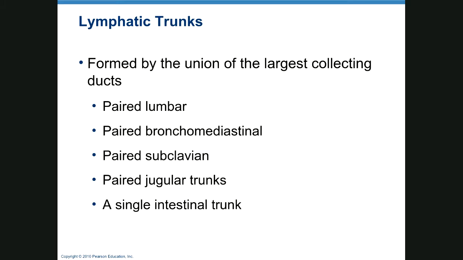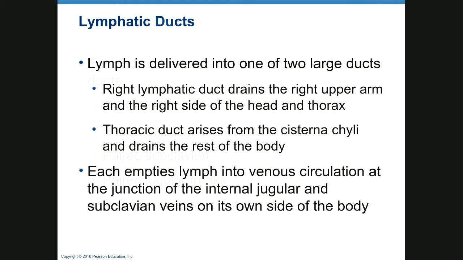Okay, the trunks: we have lumbar trunks, bronchomediastinal trunks, subclavian, jugular trunks, and a single intestinal trunk. Now, ducts. Lymph is delivered into one of two large ducts. On the right side, the right lymphatic duct drains the upper arm and the right side of the head and thorax.